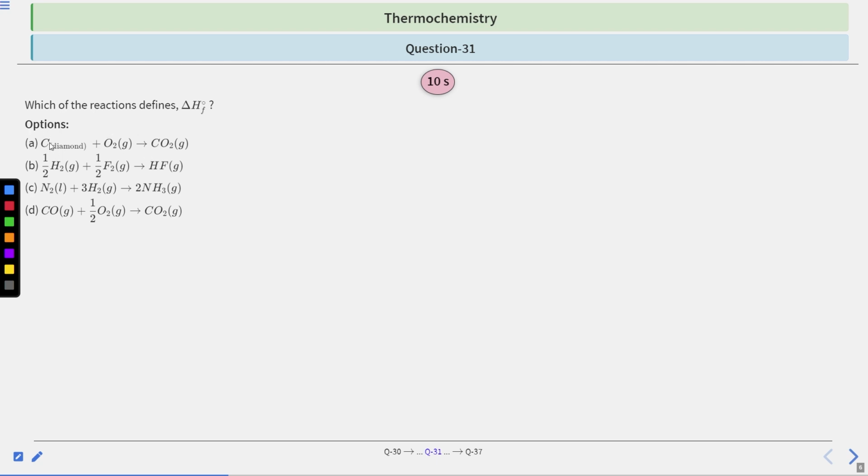The options are: C in the diamond form plus O2 in the gaseous form gives CO2 in the gaseous form; half of H2 molecule plus half of F2 molecule gives HF molecule; N2 plus 3 H2 gives 2 molecules of NH3; or carbon monoxide plus half of O2 gives CO2. You have to choose the reaction for which we get delta H0F, that is, the standard enthalpy of formation. You have 10 seconds to solve this question. After that, we will see the answer.